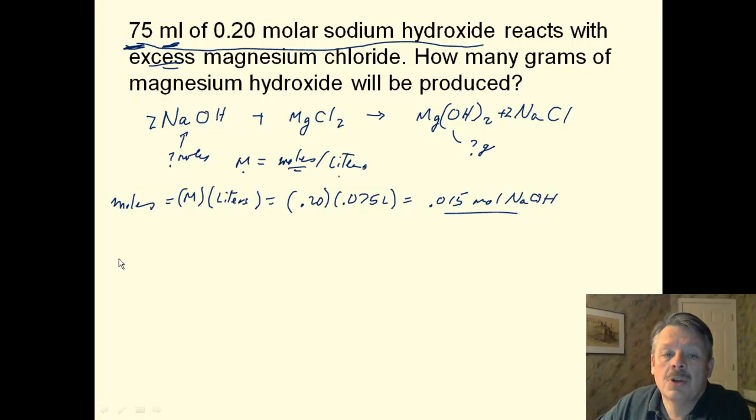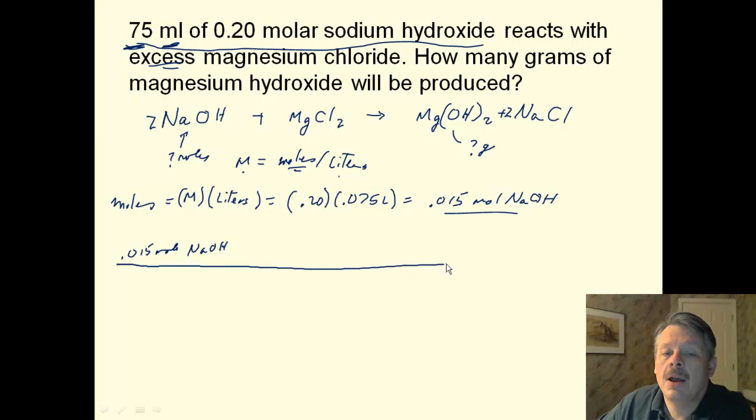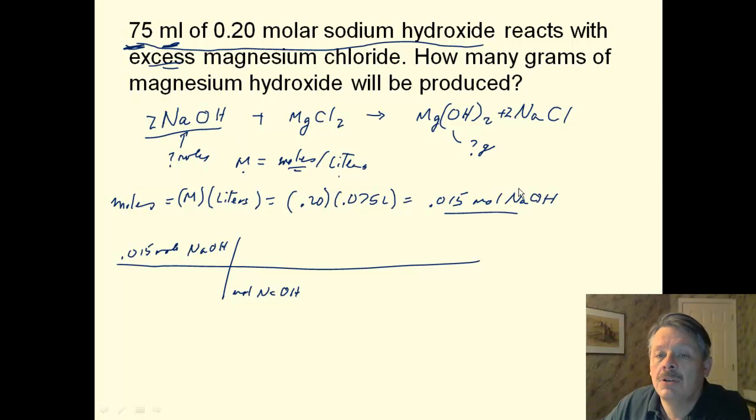So I'm going to start with 0.015 moles of NaOH. And now I have to convert from moles of NaOH. Here's my stoichiometry piece. Moles of sodium hydroxide to moles of magnesium hydroxide.